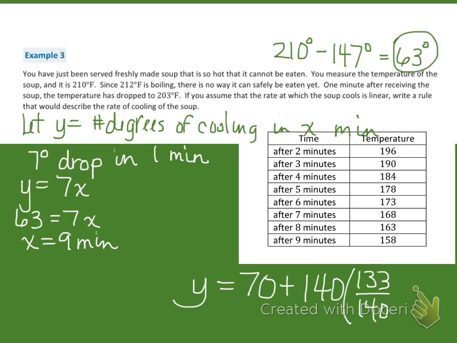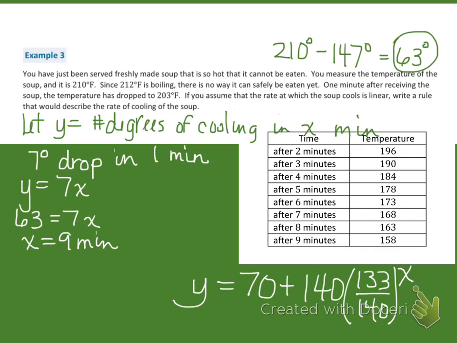And you might be saying, where's the X? And it's to the X power. So here X is being used as an exponent, the time, and this would not graph as a linear function. But that's what our data is showing us, is that it's not linear.